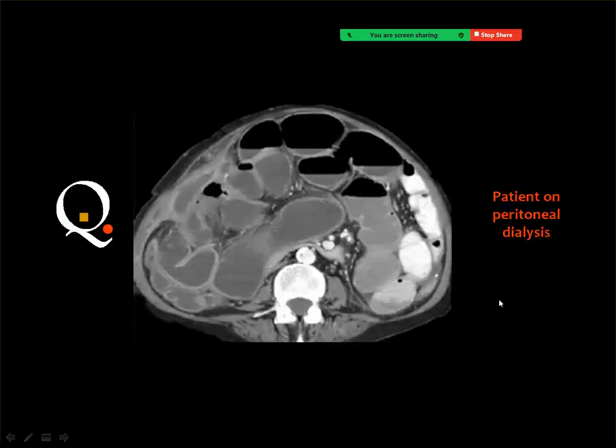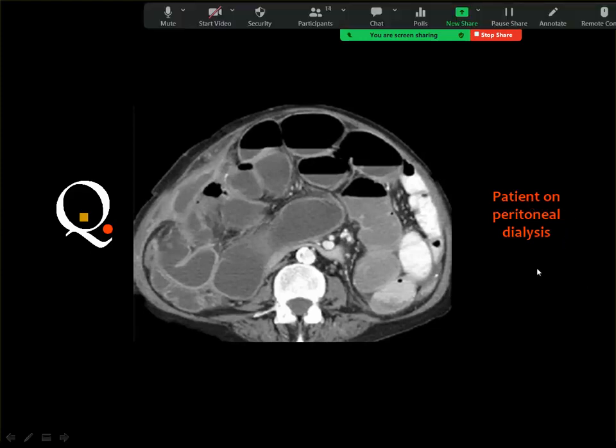Next case is a patient on peritoneal dialysis who got marked abdominal distension. Bowel obstruction, yes. What is the cause?